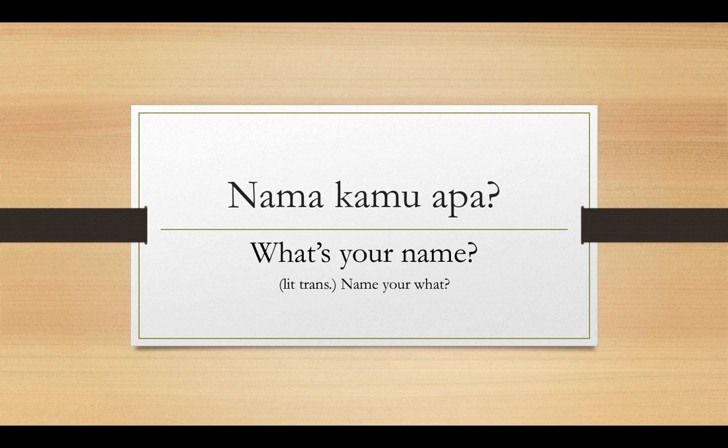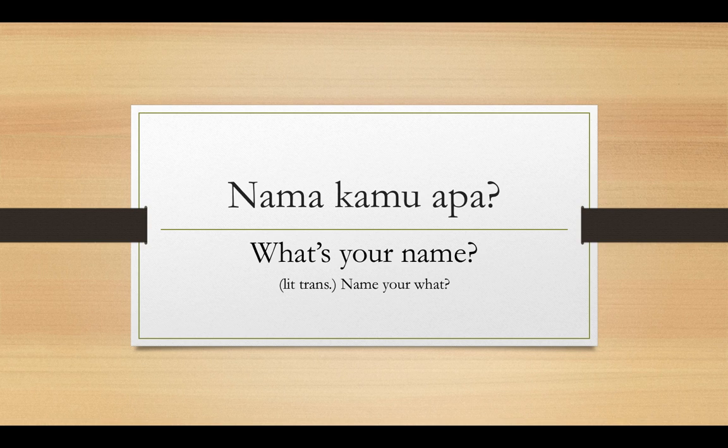Moving on to the next slide, we've got this: "nama kamu apa," for "what is your name?" The literal translation for this is nama for name, kamu for your, and apa for what.